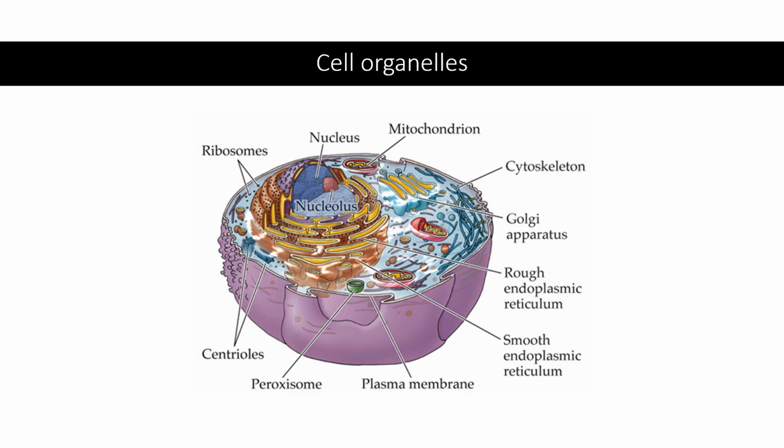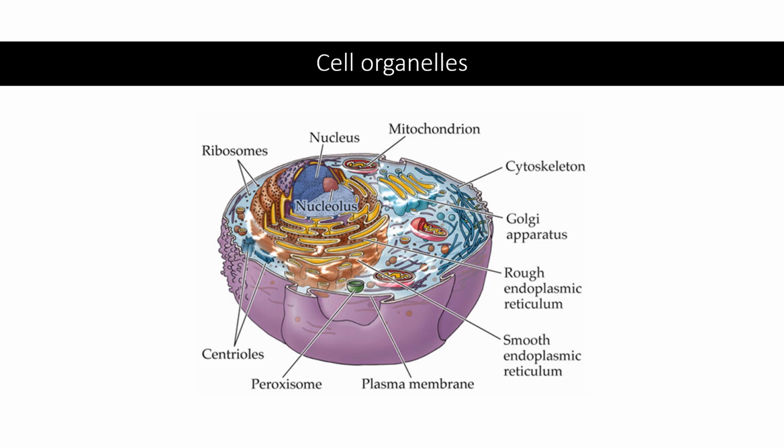For example, they have chloroplasts, which we are going to be discussing. They have also got a large vacuole filling up the central space, and they have also got an extra cell wall.